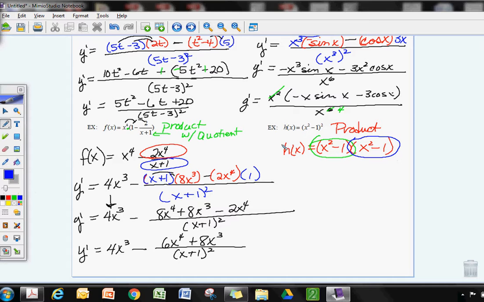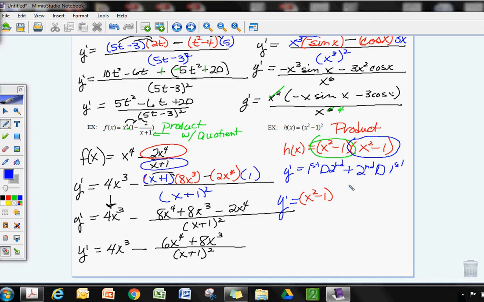Okay, so remember, my derivative for product rule is first times derivative of the second plus the second times derivative of the first. Okay, so what's my derivative going to look like? Well, trying to use the colors. First is just going to be x squared minus 1.